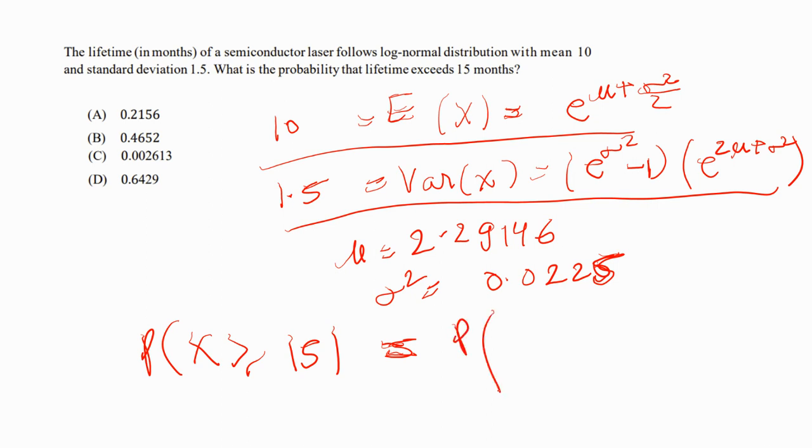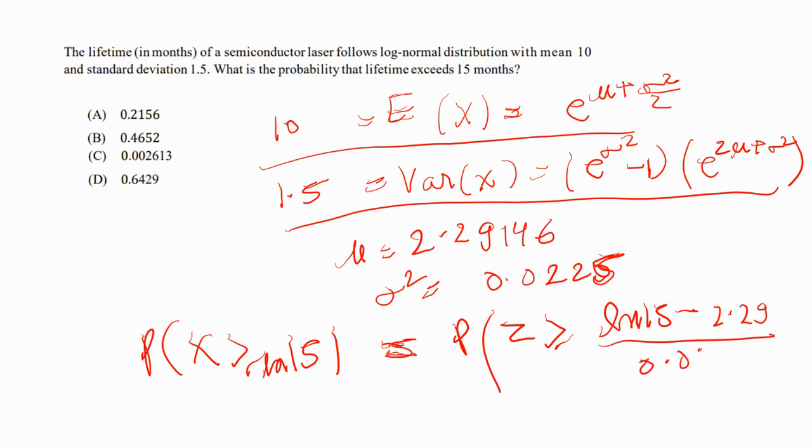And this is now log normal. The log normal will be ln of x. So we will take z as ln of 15. Okay. So z is greater than ln of 15 minus mu of 2.29 divided by 0.0225.